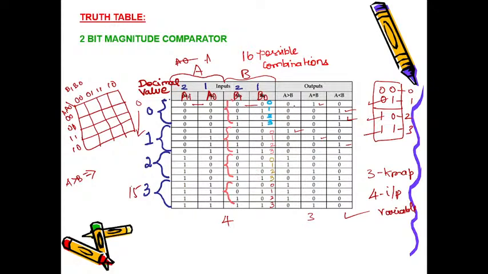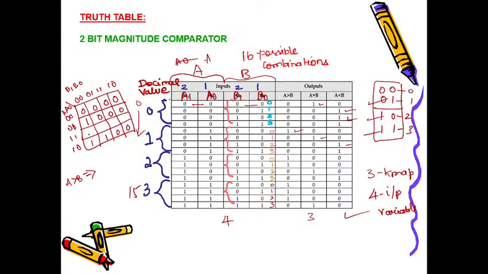So start plotting. A greater than B: 0, 0, 0, 0. 4 is 1. 5 is 0, 6 is 0, 7 is 0. And 8 is 1, 9 is 1.